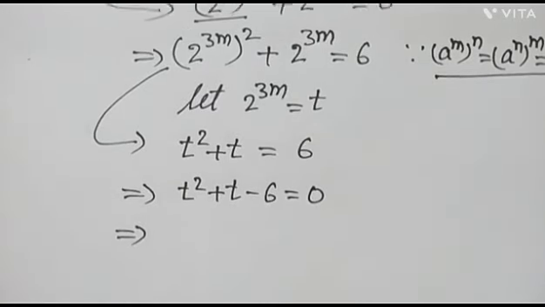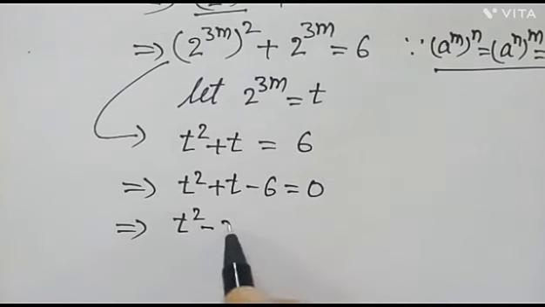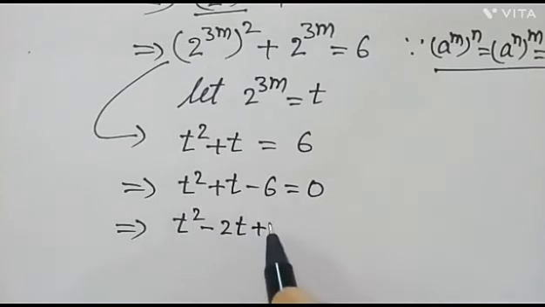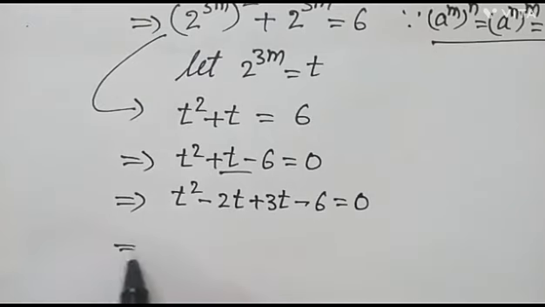If we factorize this equation, t square minus 2t plus 3t minus 6 is equal to 0, okay?